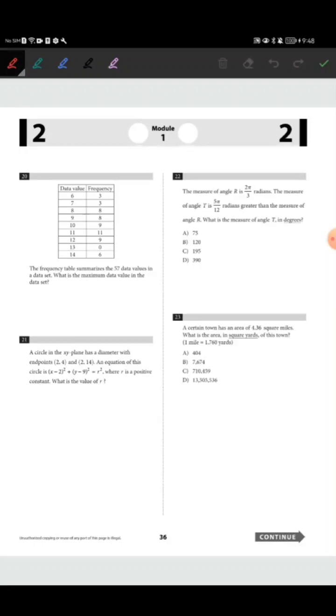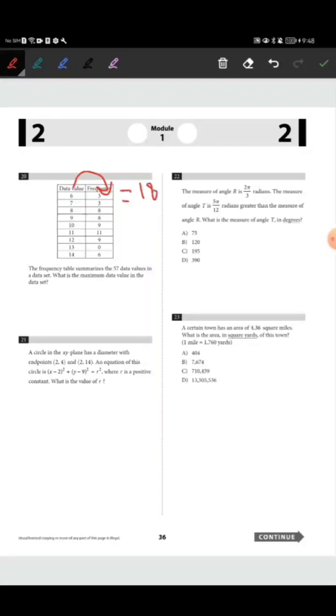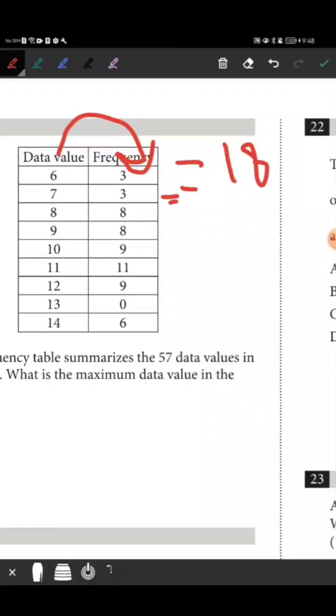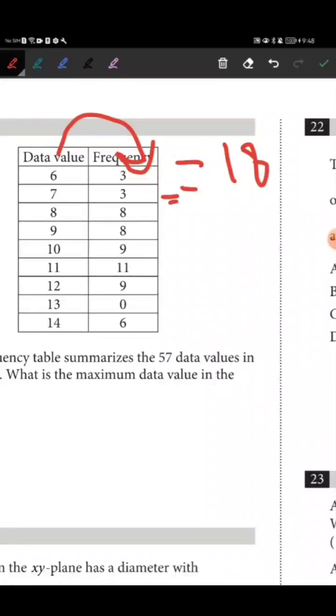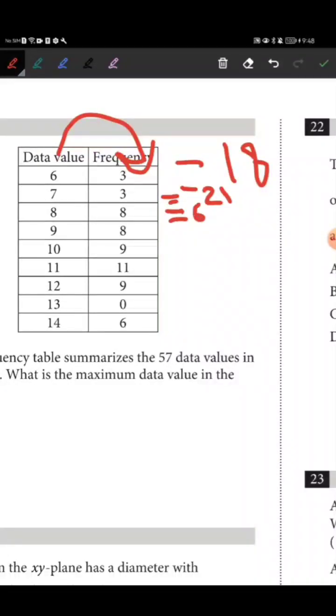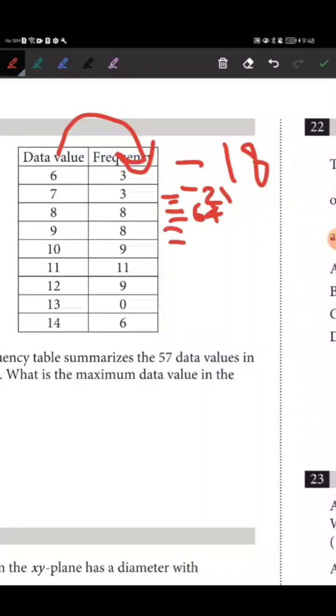We're going to multiply each data value with the frequency. So 6 multiplied by 3 is going to get us 18. And 7 multiplied by 3 is going to get us 21. 8 multiplied by 8 is going to get us 64. 9 multiplied by 8 equals 72. 10 multiplied by 9 is 90.